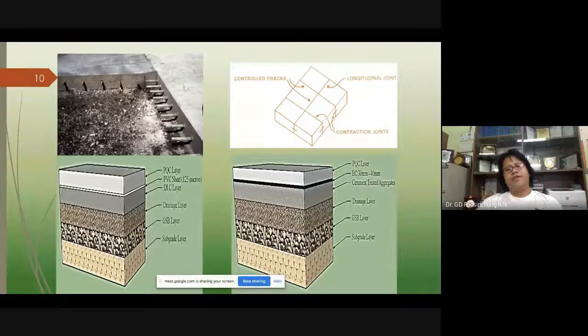Now, in case we intend to provide GSB of two layers, one, for example, of a well-graded GSB, and another layer considering solely the drainage aspect, then in the MoRTH clause 401, sections of GSB layers are recommended for different applications.